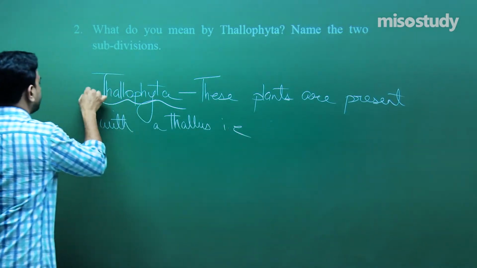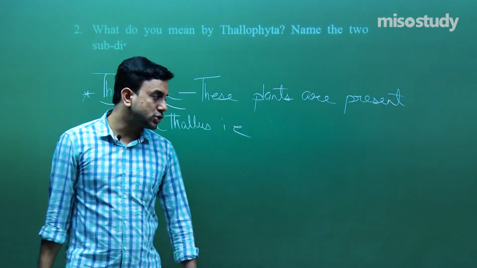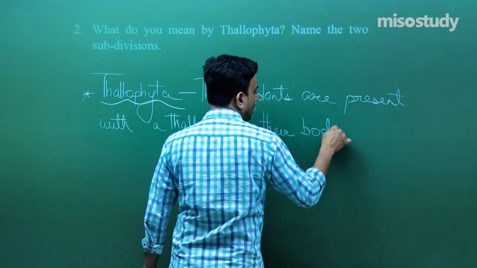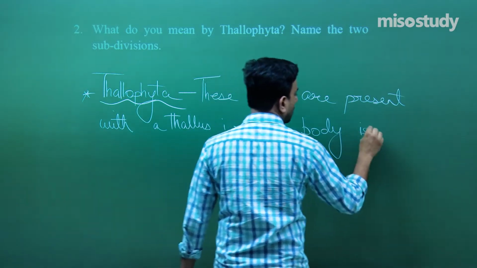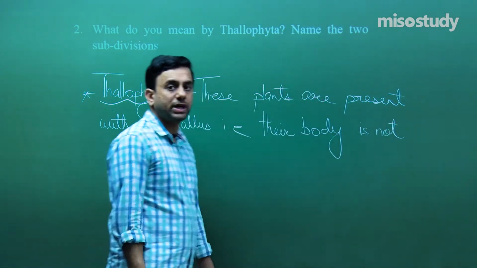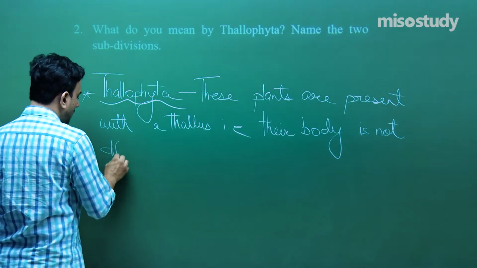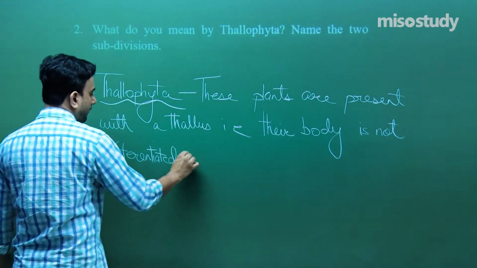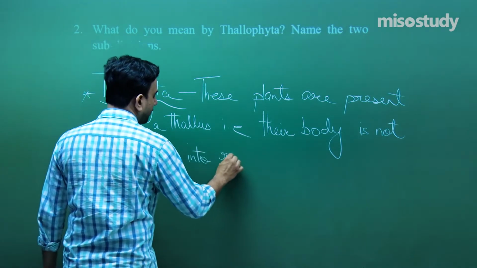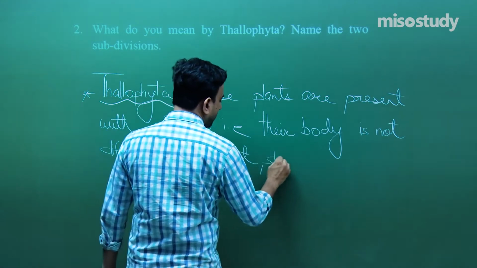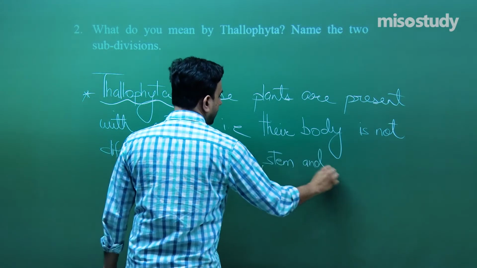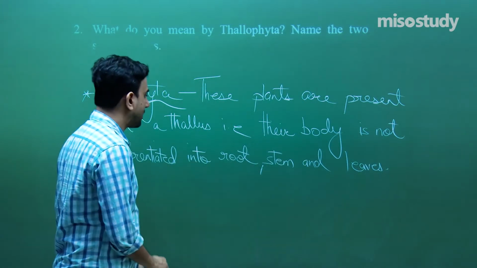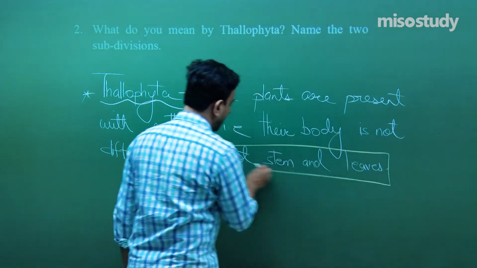that is, their body is not differentiated into root, stem, and leaves, and that is what we mean by the term thallophyta.